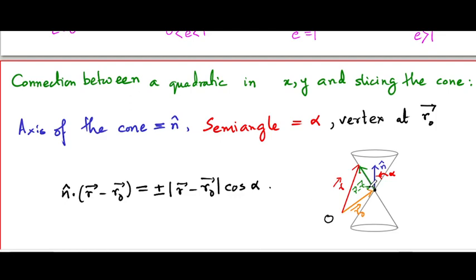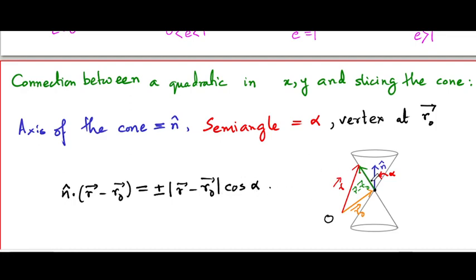Now the point is, every line which joins the vertex of a cone to an arbitrary point on the cone's surface makes an angle alpha with the axis, unit vector n hat. And since the angle is directly related to the dot product, what this tells us is if you take the dot product of n hat with this vector r minus r0, which remember is the vector which is on the cone, you get nothing but the length of r minus r0, modulus of that, into cosine of the angle between them.